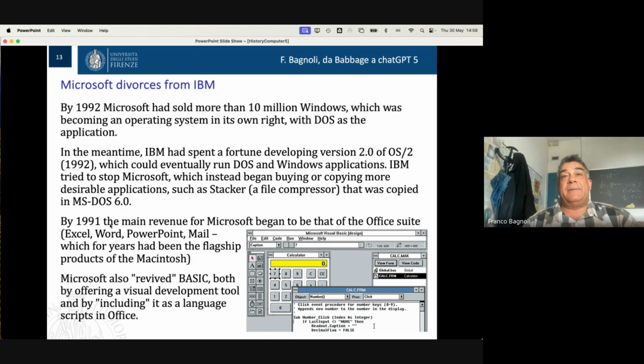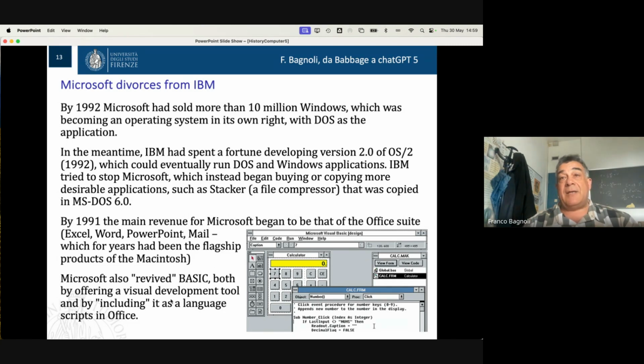Clearly, at this point, Microsoft began to earn more money from the Office suite, so Excel, Word, PowerPoint, mail, and so on, instead of the DOS operating system.